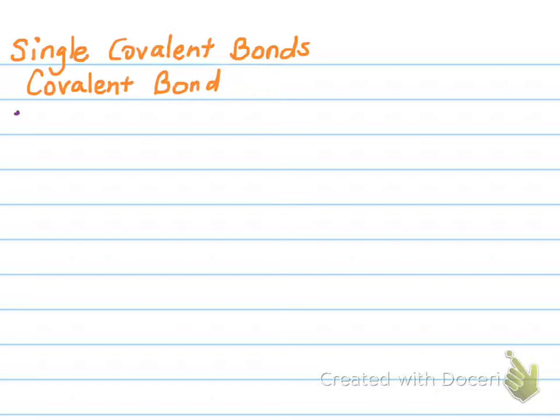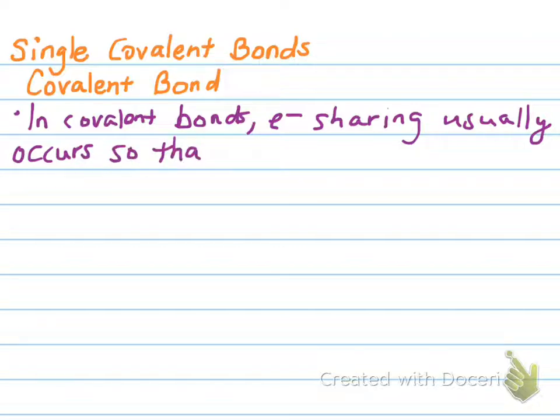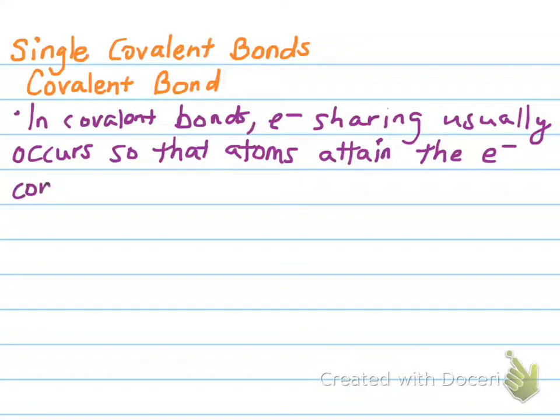In covalent bonds, electron sharing usually occurs so that atoms attain the electron configuration of noble gases.